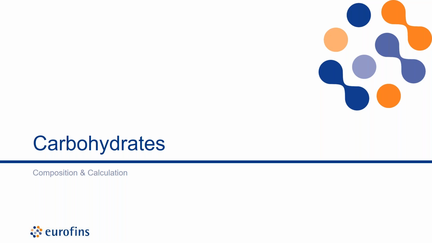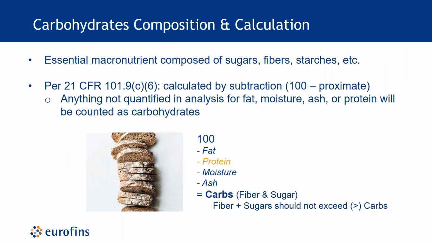So to talk about carbs a little bit, again, very similar to protein in that it is an essential macronutrient. What can be confusing to some people is that carbohydrates are actually a representation of more than one thing. It can be a sugar, a fiber, a starch. All of those things are actually subclasses of carbohydrates.